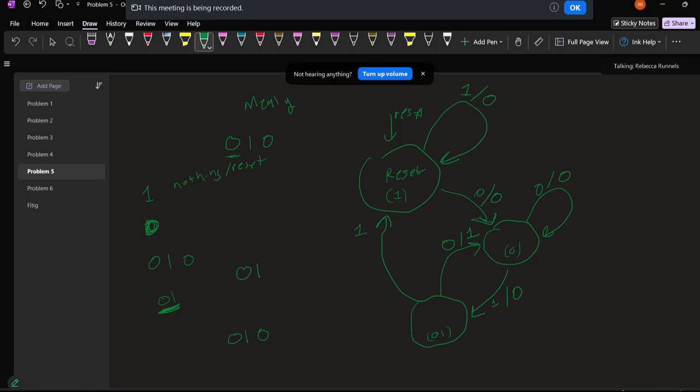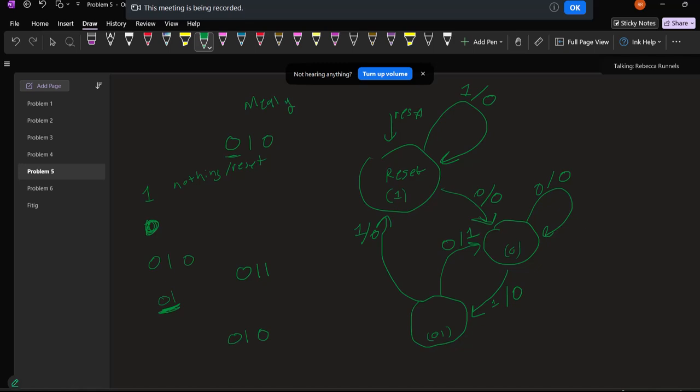If I have a 0, 1 and I get a 1, I'm back to having nothing, and so that would be my state diagram. So you don't put the output on the states in the Mealy diagram. How many states do we have? What's the minimum number of flip-flops? 2.